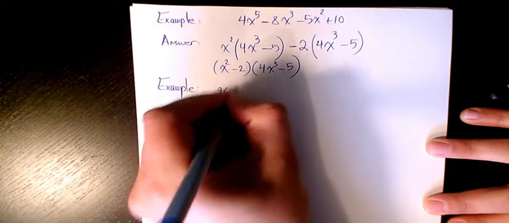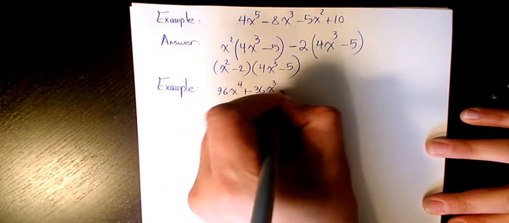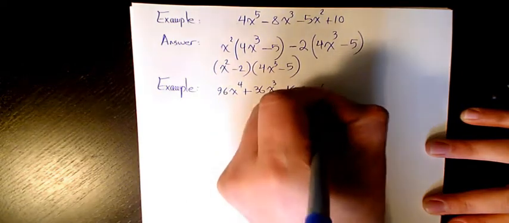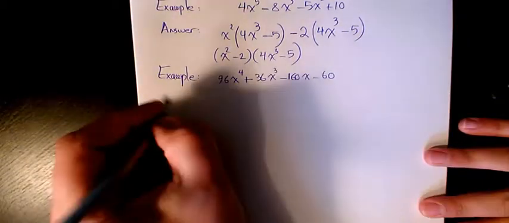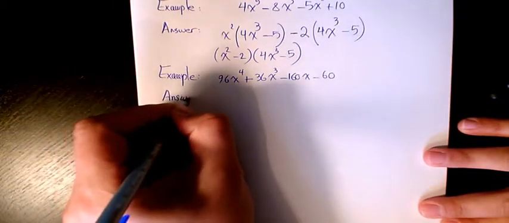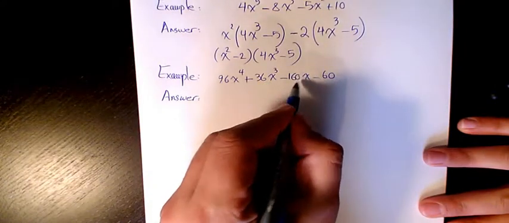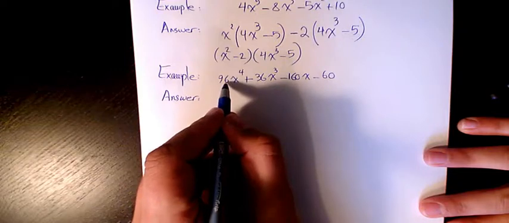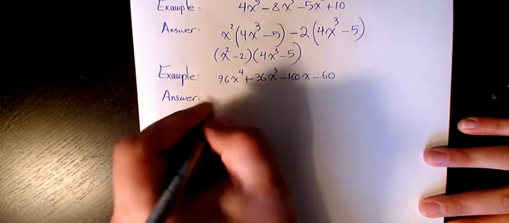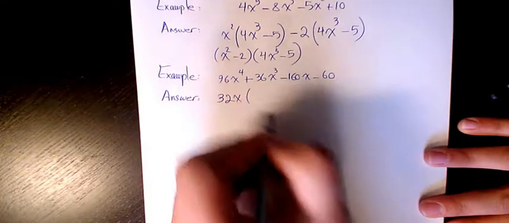96x to the power 4 plus 36x cubed minus 160x minus 60. The answer is, we can do group factoring. For 96 and 160, 32 is going to be the GCF. For x and x to the power 4, I'm going to have x.